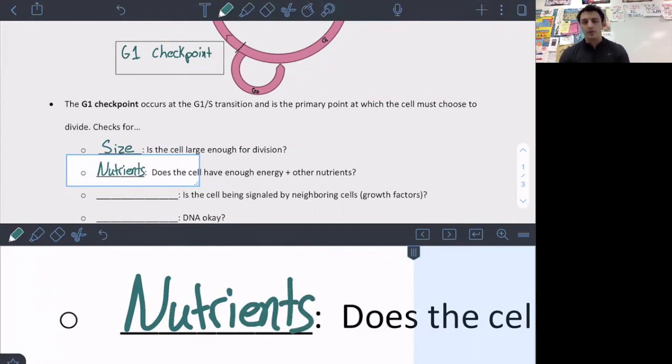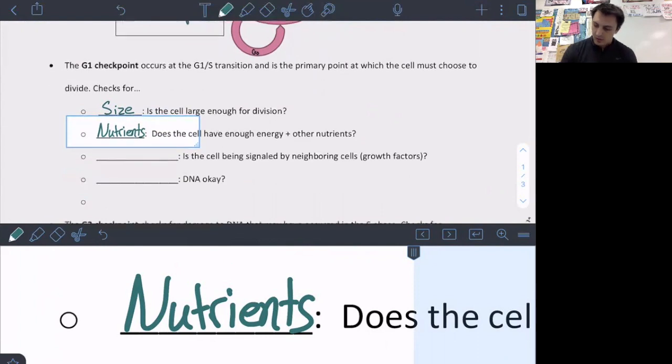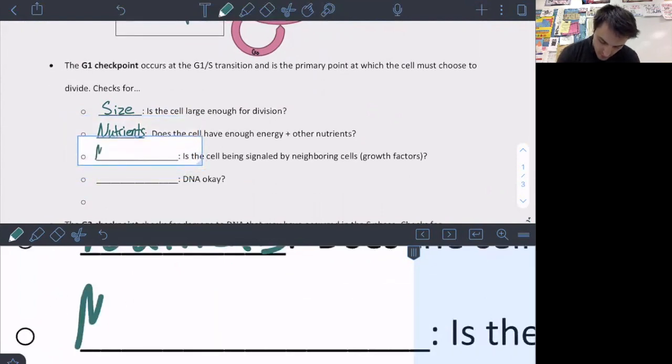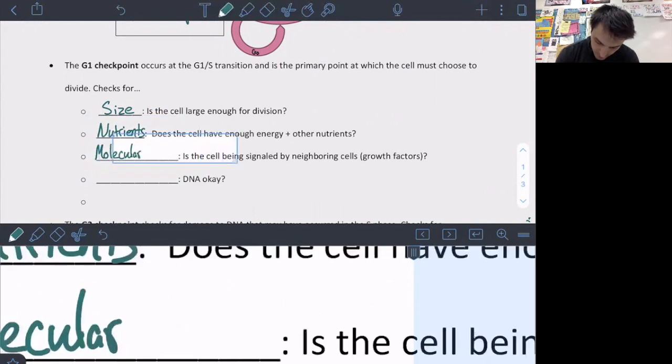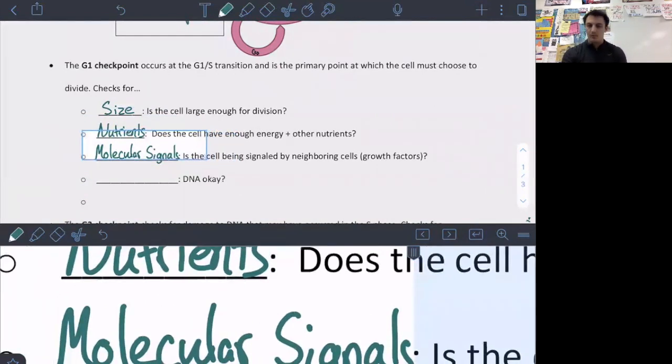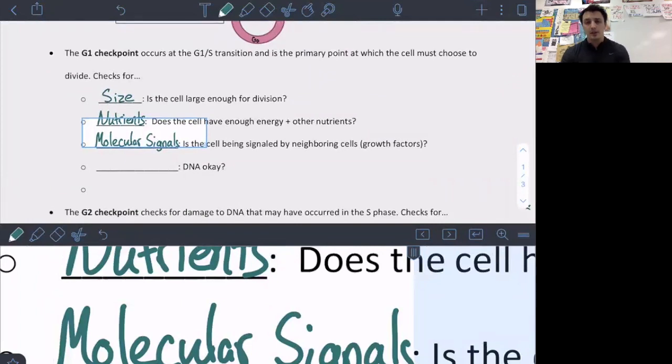Number two here, nutrients. Energy is important. If there's not enough energy to do this process, we're not going to go through with it. Three would be molecular signals, or that cells can communicate with each other.